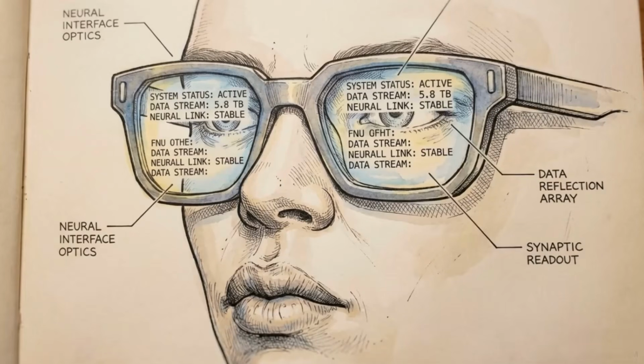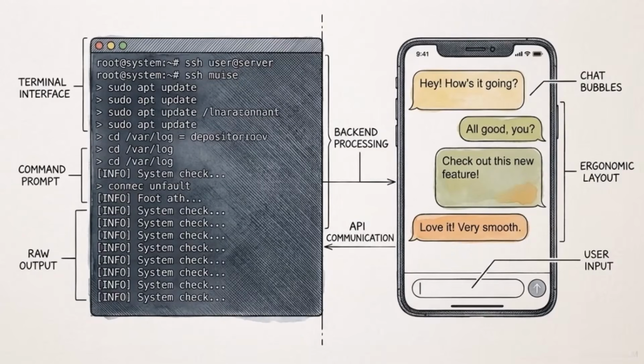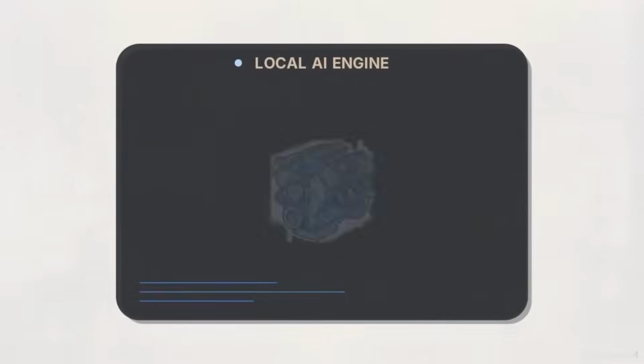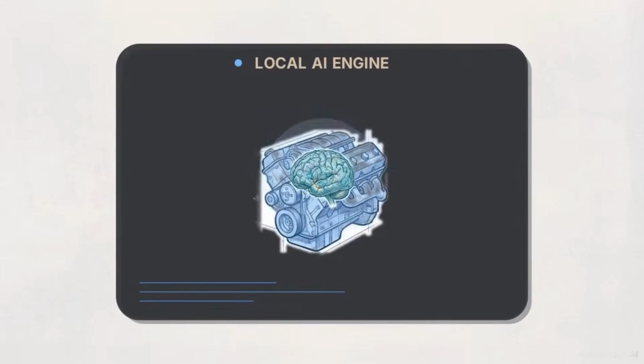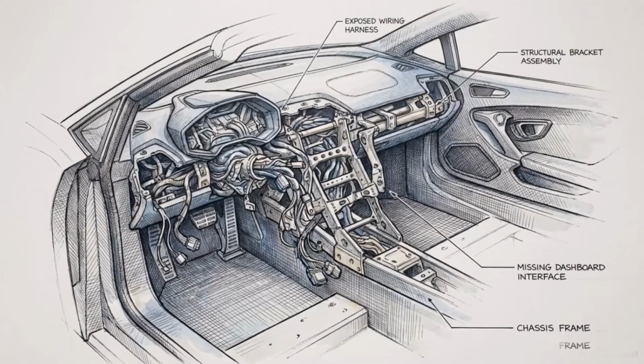Typing prompts into a stark black window feels like running a developer science experiment. It is a massive source of friction for anyone used to a polished consumer product. We have the engine required to process data privately, but we are missing the dashboard needed to actually drive it.